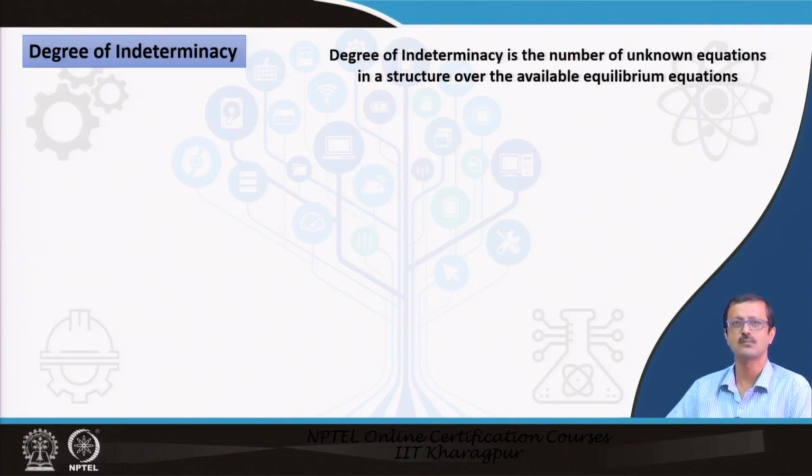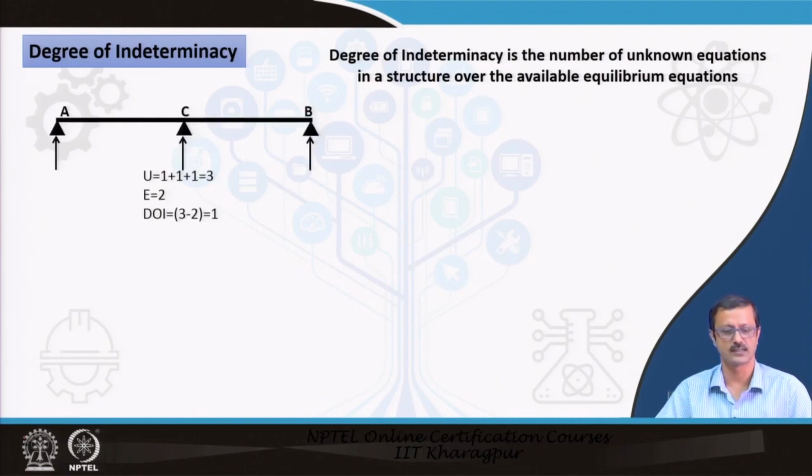So, we have to rely on these three equilibrium equations, and the number of unknowns is much more. If so, then this beam is called a statically indeterminate beam. It cannot be solved by the static equations of equilibrium. The difference of these two numbers, unknowns versus available equations, is the degree of indeterminacy.